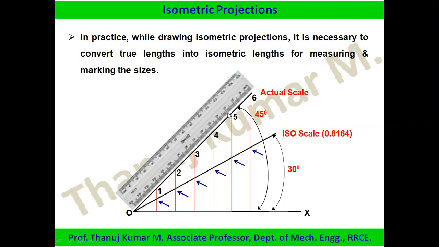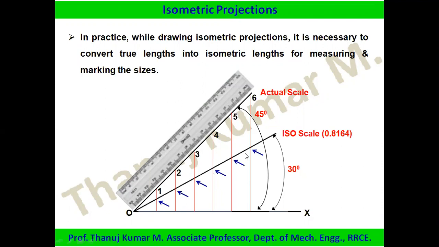And then you have to project lines perpendicular to the OX line. You can see these red lines shown here are perpendicular to the OX line. And you can see they are cutting the 30 degree angle line at these points.